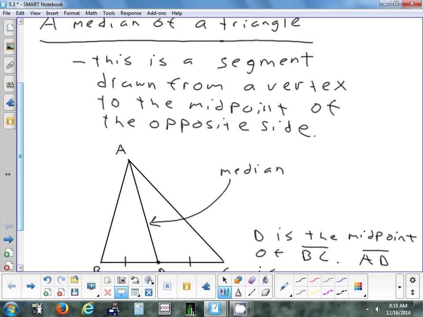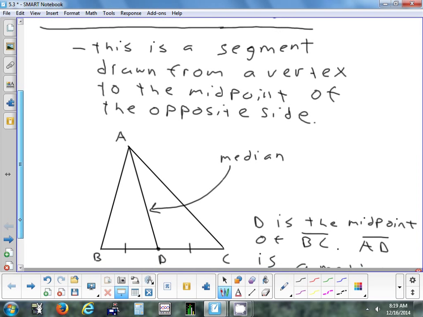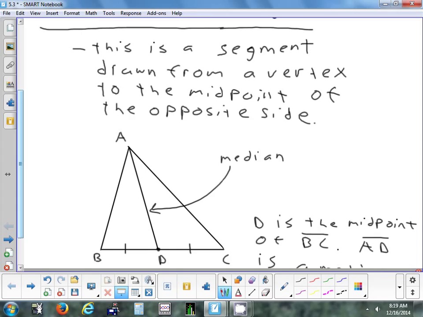How do I know it's a midpoint? Well, two ways. One, I wrote D as the midpoint. And two, I've marked segment BD and segment DC as congruent. That also shows it's the midpoint.